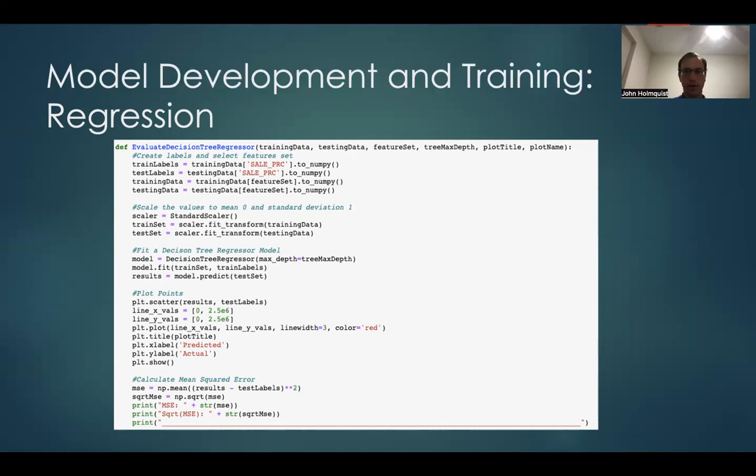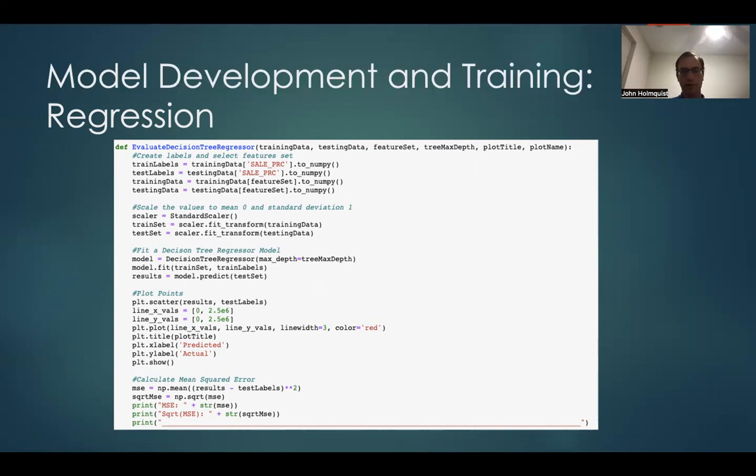I'm going to plot the predicted values from the regression model against the actual values. And what I would be looking for is that all the data points lie along the line y = x, which indicates that the model is performing really well.